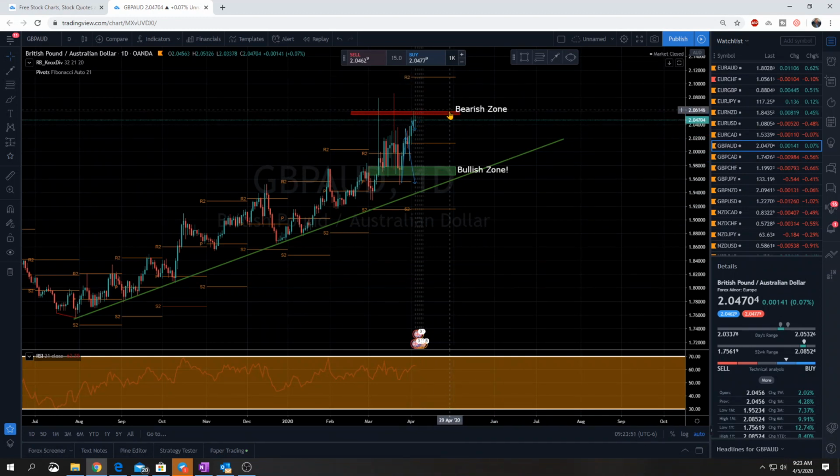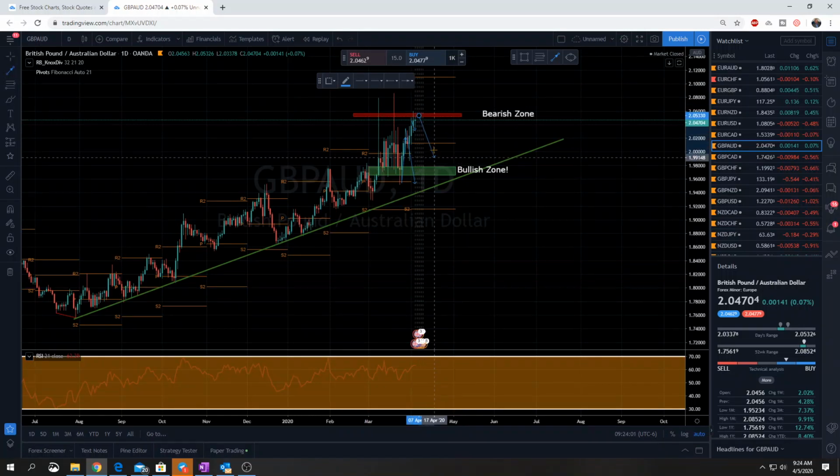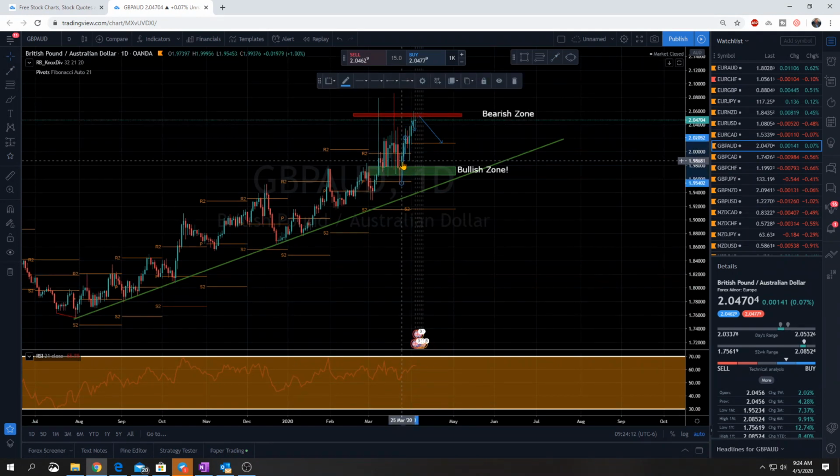Get rid of some of these arrows. So I'm more bearish on this pair where we're sitting. If we start to see that move, we have a missed pivot here, which is a great target, but I think we're going to get some downside action off this pair this week.